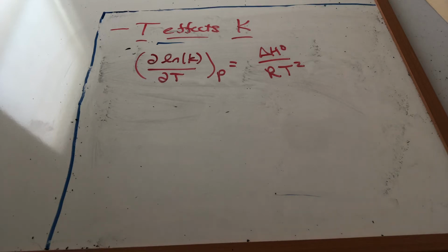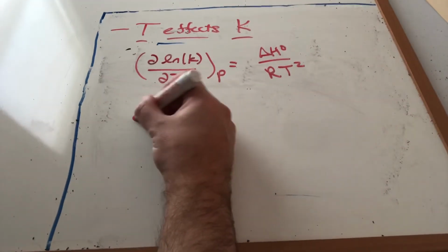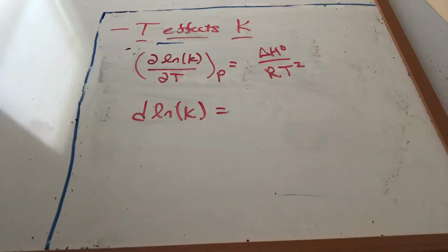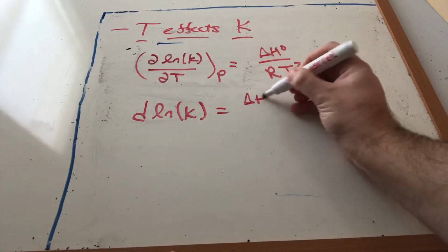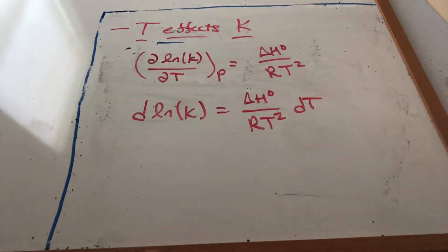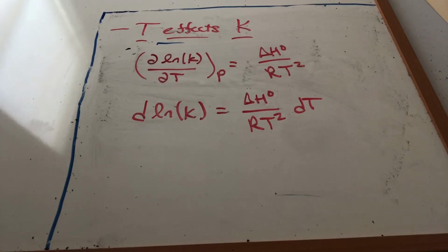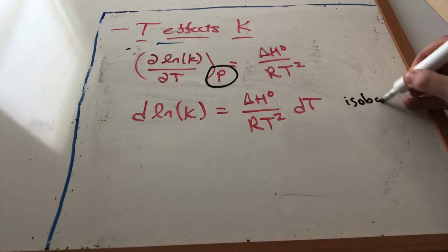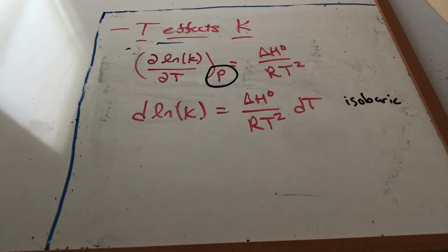We can solve this first order differential equation. We can write this as d natural log of K equals delta H naught over R T squared dT. And this applies for isobaric conditions, or applying an isobaric change, which makes sense because remember what we're trying to do.